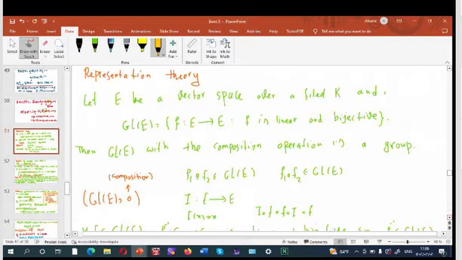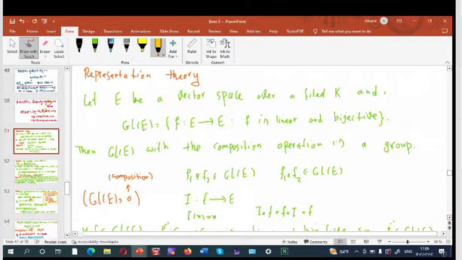If T from X to Y is linear, then usually instead of T of x we write Tx. And if rho from G to GL(E) is a representation, we know that if g belongs to G, rho of g must belong to GL(E), so that rho of g is a function from E to E that is linear and bijective.